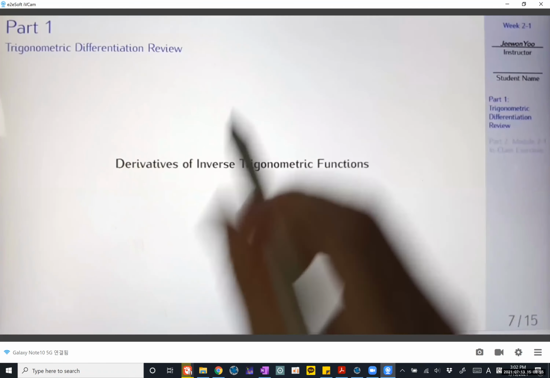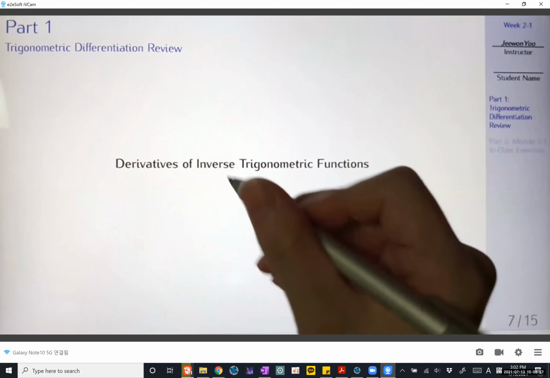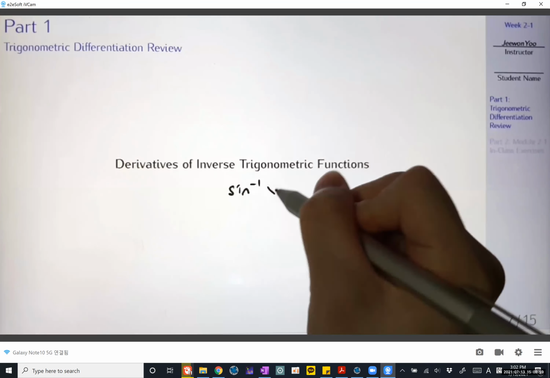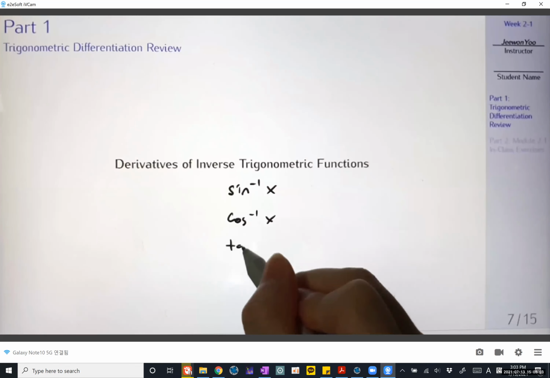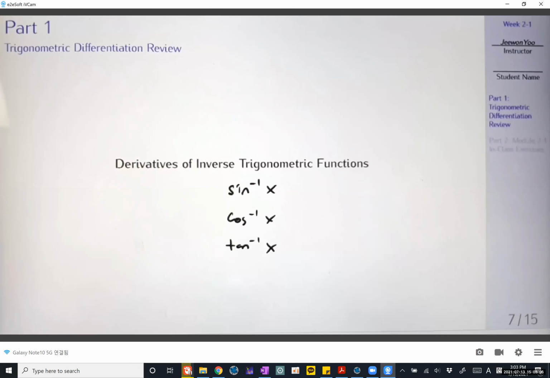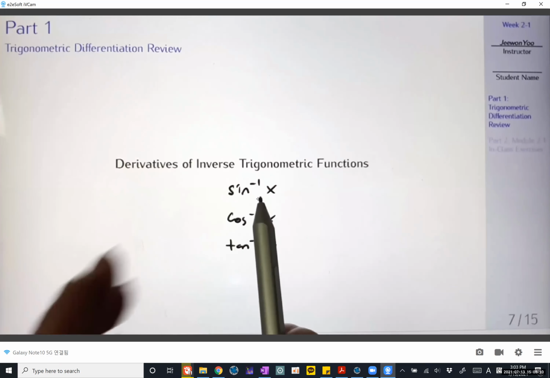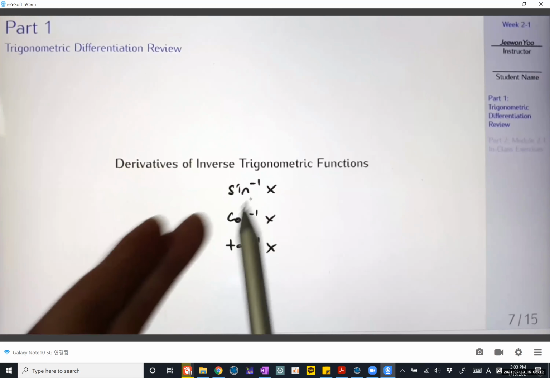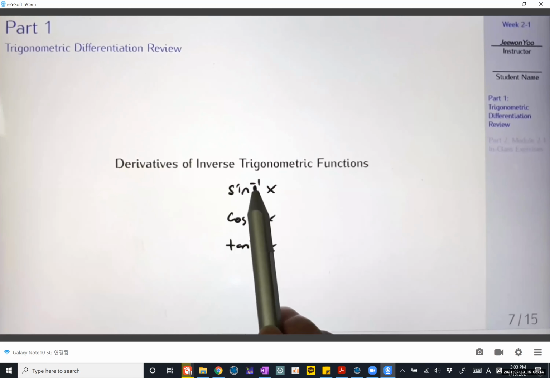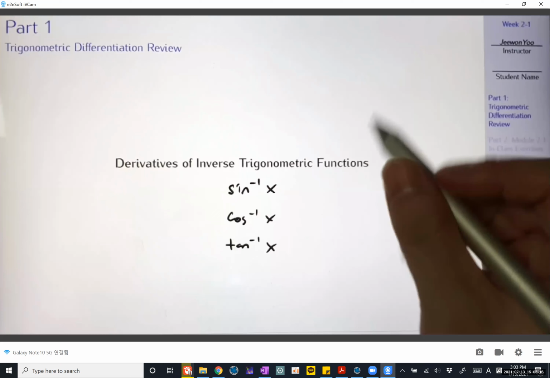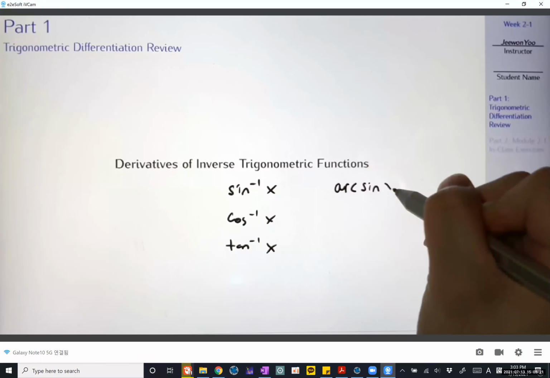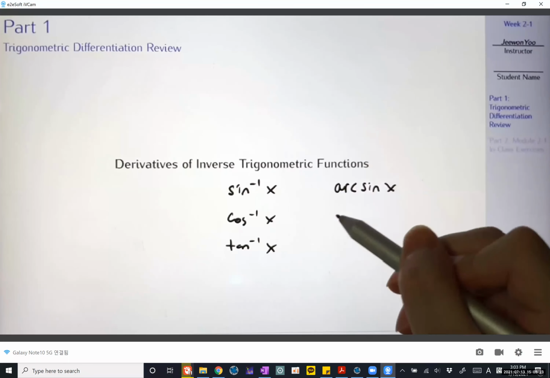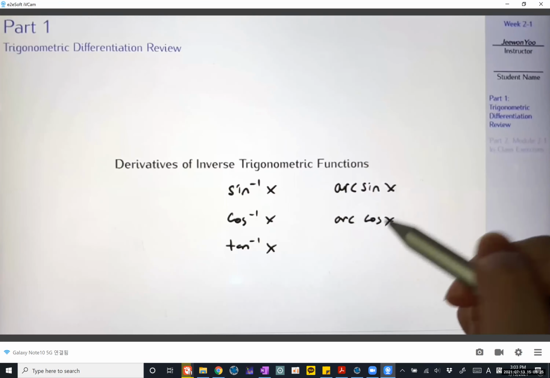When we say inverse trig functions, it looks like this: sine inverse of x, cosine inverse of x, tangent inverse of x. There's another way to write inverse trig functions. Instead of writing -1, some people write arc sine, some people write arc cosine, and so on.